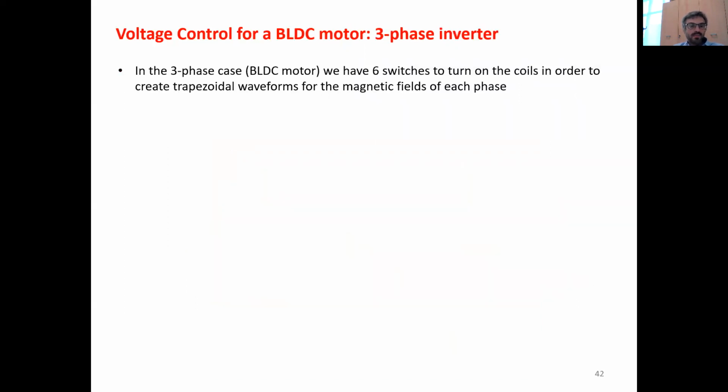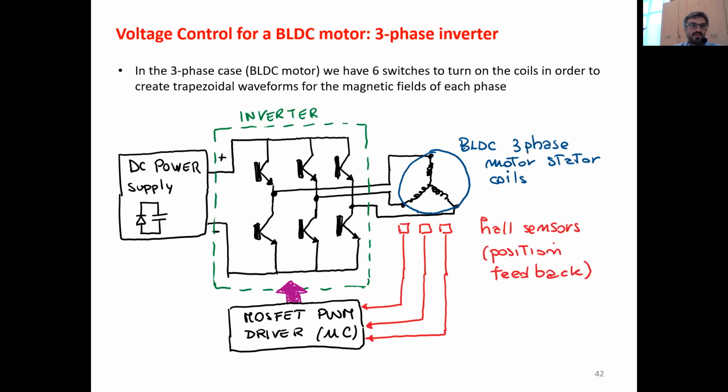In the case of a three-phase motor, a BLDC motor that we saw previously, instead of 4 switches, you have 6 switches. You connect the 3 phases of the 3-phase motor, which here you see is connected in a star connection.